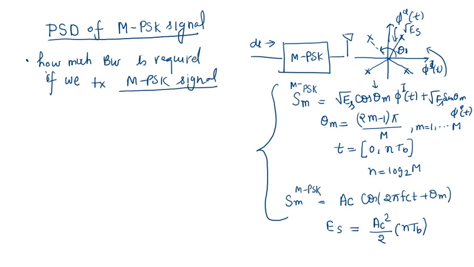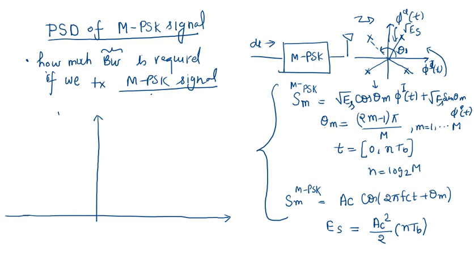Because you have to buy the bandwidth over the channel, so you should know how much bandwidth is occupied by each M-PSK signal. If you know the bandwidth occupied by an M-PSK signal, you can accordingly buy the bandwidth of the channel. So in order to find out the bandwidth requirement, we see the power spectral density of the transmitted signal.